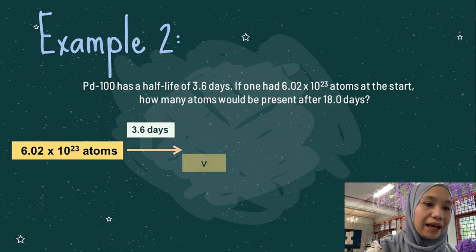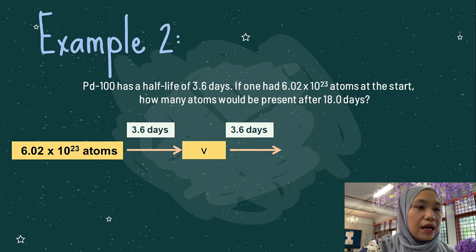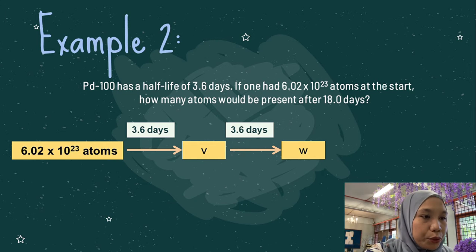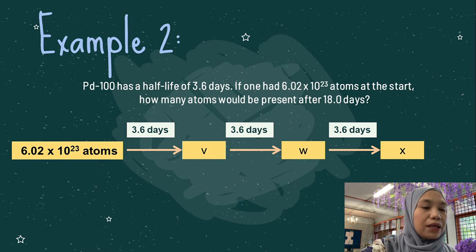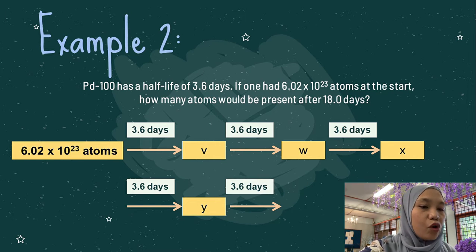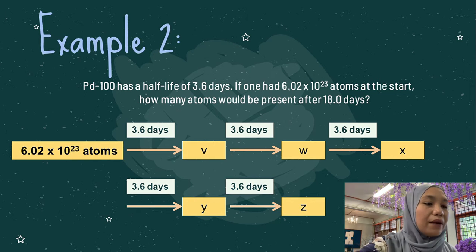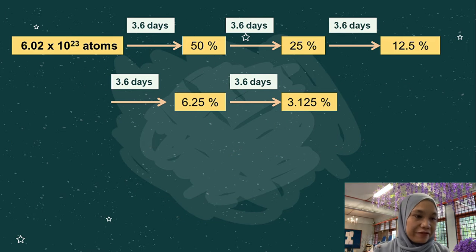After the first half-life, it becomes Y number of atoms. After 3.6 days, after the second half-life, it becomes W number of atoms. After the third half-life, it becomes X number of atoms. After the fourth half-life, it becomes Y. And after the fifth half-life, it becomes Z percent or Z number of atoms that are left.